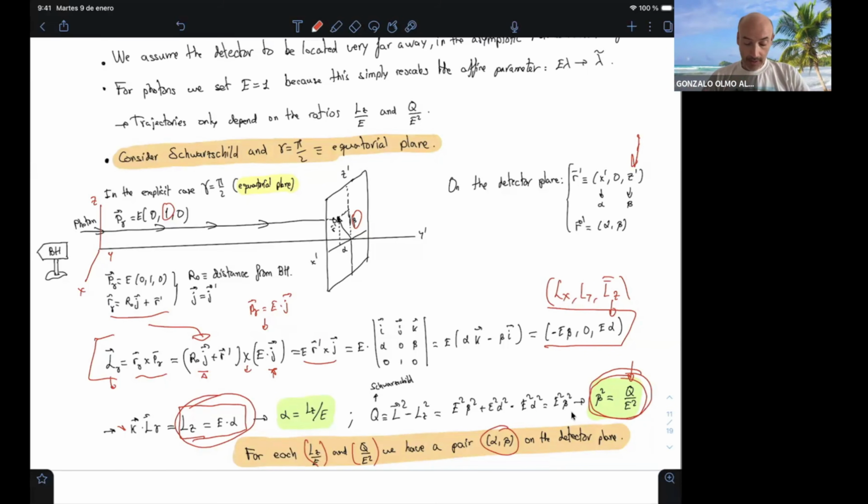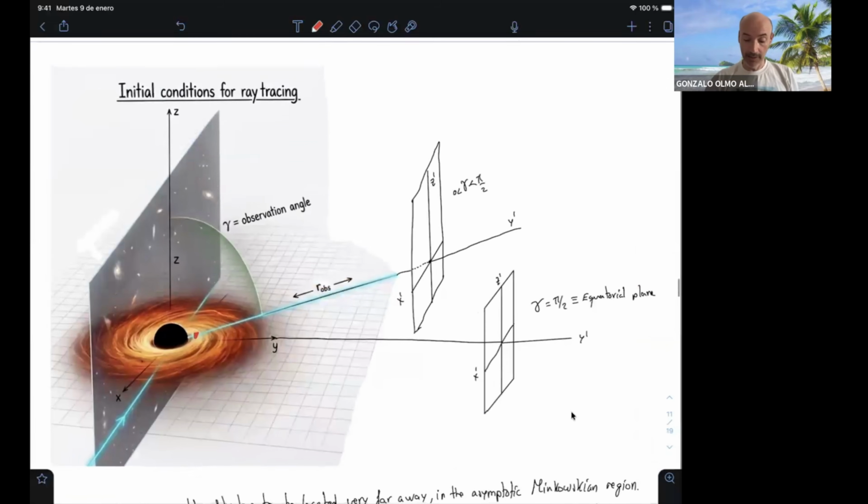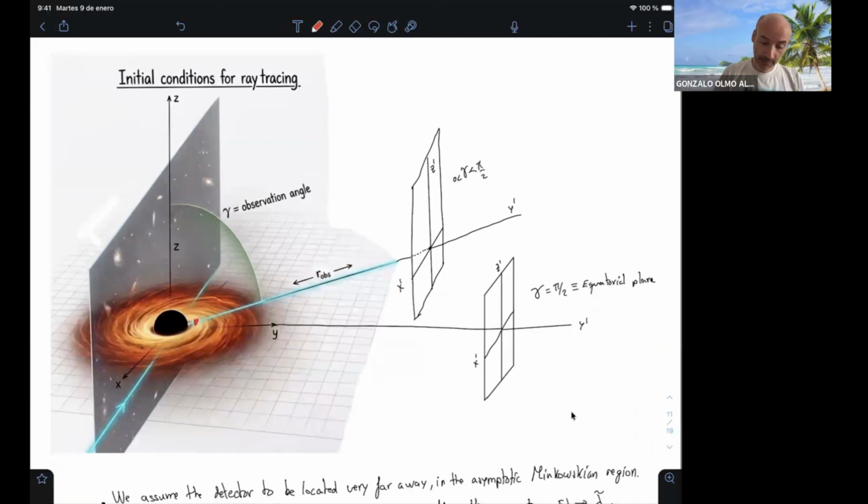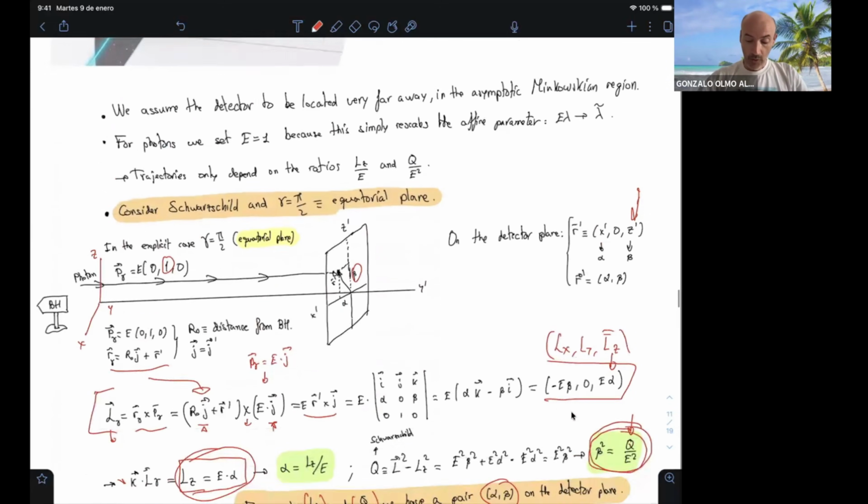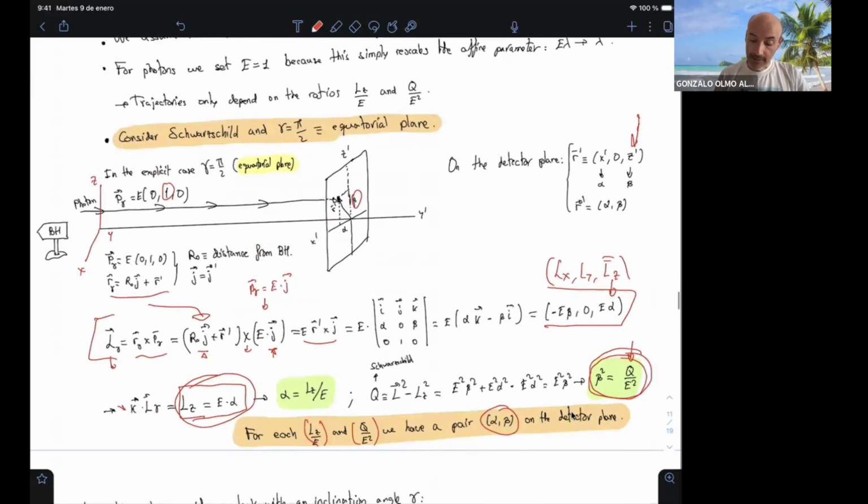So this is the relation that we have obtained for when the detector is located on the equatorial plane. Now what happens if the detector is in a different plane, like this one, characterized by some observation angle gamma? So we are going to extend this analysis to the case of a different inclination.